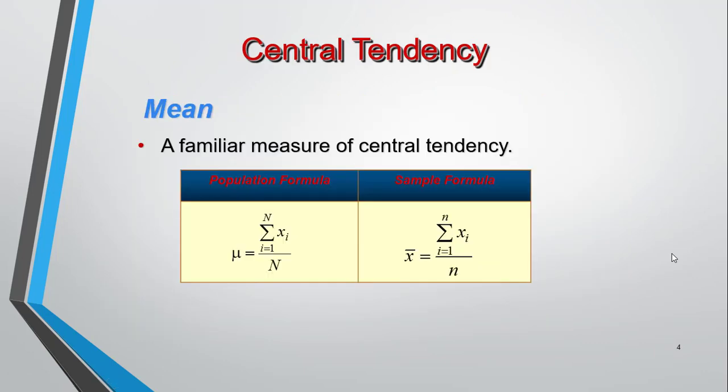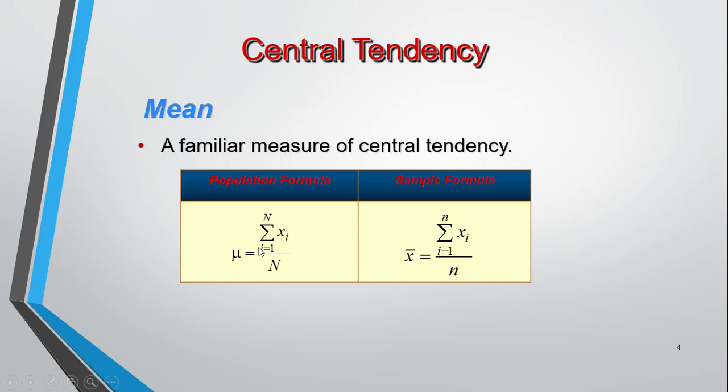But first, central tendency. The first and most common way to measure central tendency, one we're probably all familiar with, is the mean or the average. For the population, we use the Greek letter mu to denote the population mean.